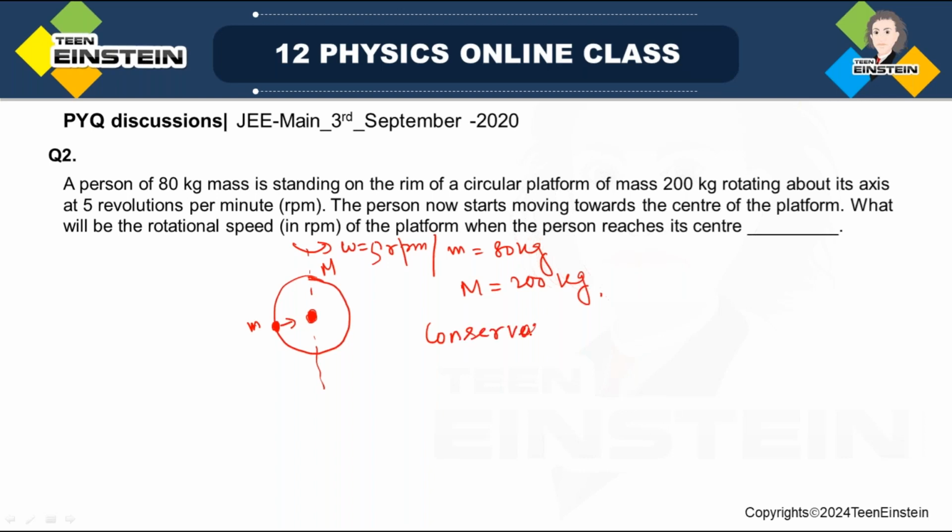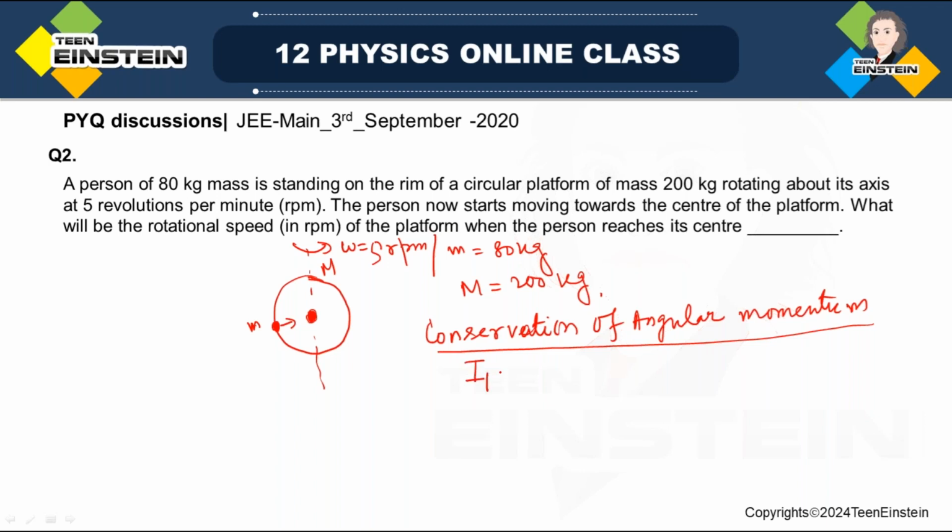Sorry, conservation of angular momentum, not energy. Conservation of angular momentum says I1 omega 1 is equal to I2 omega 2.